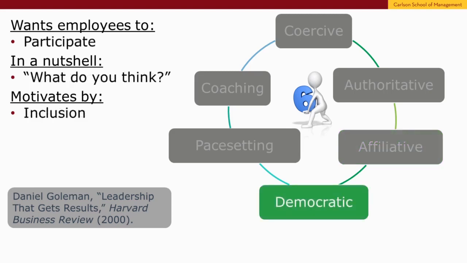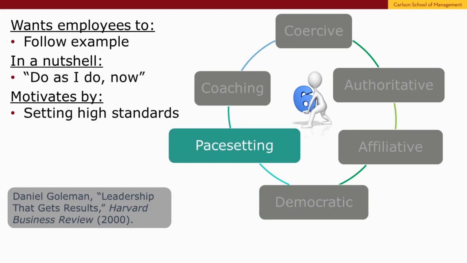A democratic style is a participative style. This leader builds trust, respect, and commitment through listening and employee participation. So in a sense, they say, what do you think? And motivate through inclusion. Now, pace-setting managers, by contrast, are real go-getters. So they set high standards for themselves and expect their employees to follow their example.